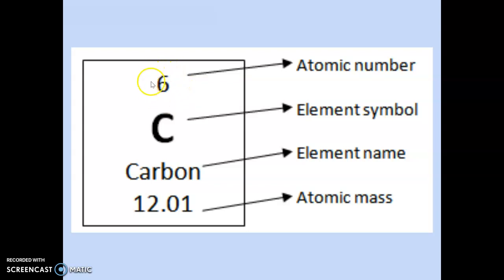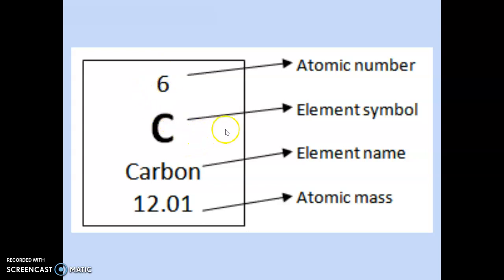Remember, this is the number that tells us the number of protons, and it gives us the identity of the element. Okay, carbon is the only element with the atomic number of 6. So carbon has 6 protons, and it would have 6 electrons in the neutral atom. Okay, so 6 protons and 6 electrons.